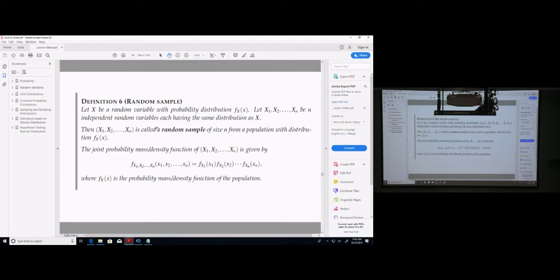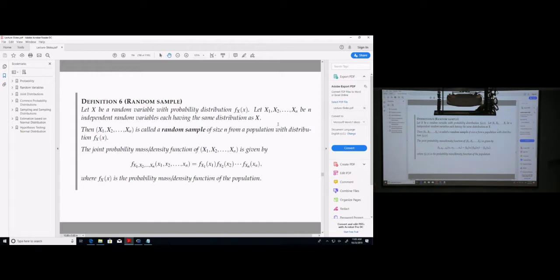Now let x be the random variable with probability distribution or probability mass function or density function. And let x1, xn be the n independent random variables, each having the same distribution as x, because you are doing sampling from the population.